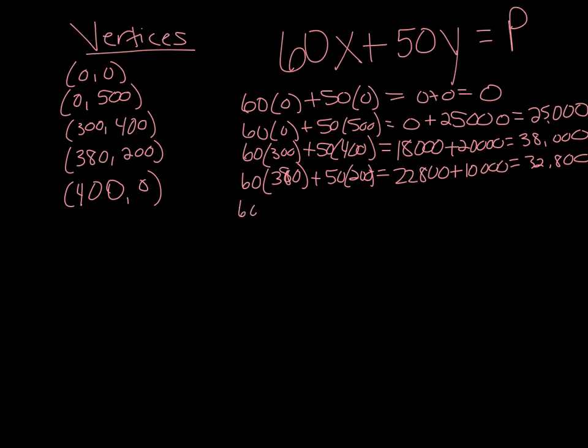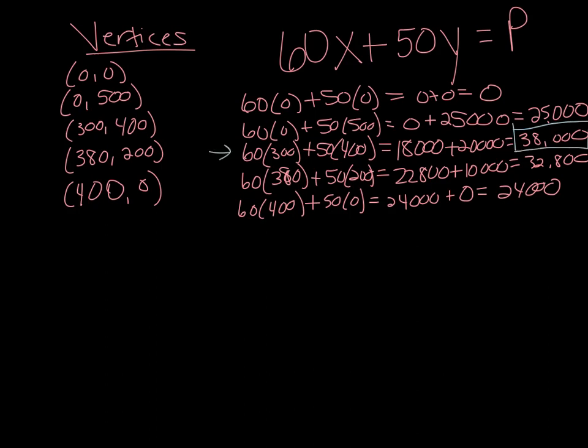And the final one, what if we only make bikes at the first plant and none at the second plant? 50 times 0 is obviously 0. So you'd only make $24,000 that way. So your maximum profit is $38,000.